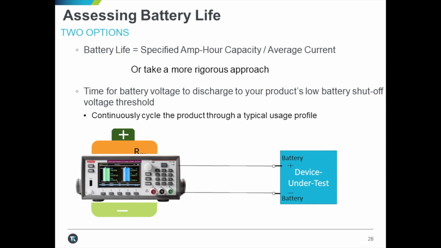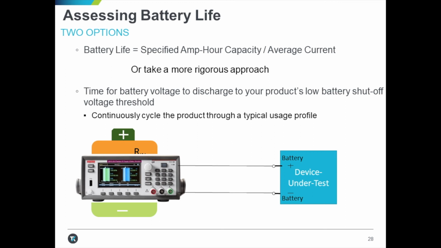Now, a more prescribed approach would be one which is more detailed and in great part has been described throughout this webinar, which is effectively taking the battery simulator and the captured load current profile in each of the operating states. You can then source your product with the simulated battery discharge curves based on the average current draw for your product.